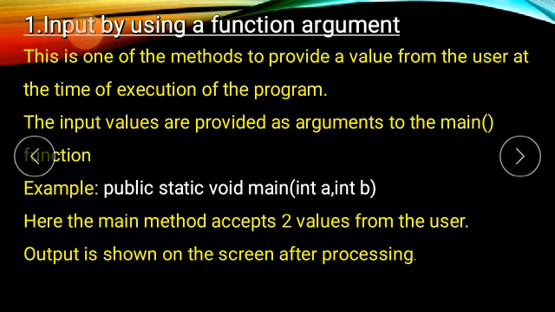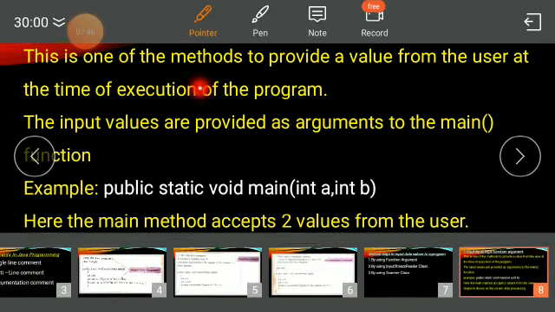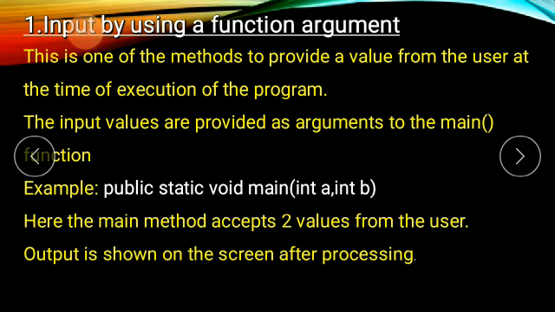Till now we have done many programs, but we did not provide values at the time of execution, that is during the runtime. So this is one of the ways we can provide values during the runtime.